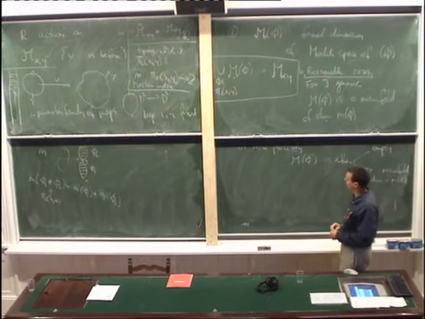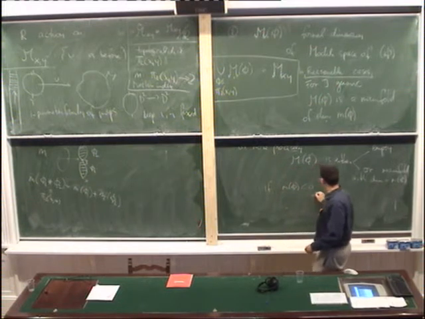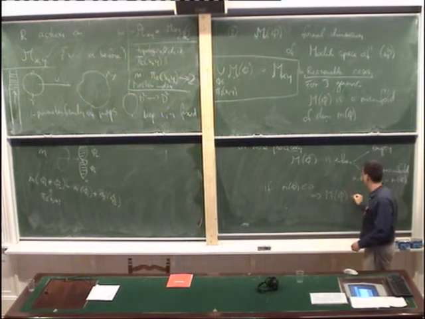So in particular, if M of phi is negative, then the moduli space has to be empty for generic J.